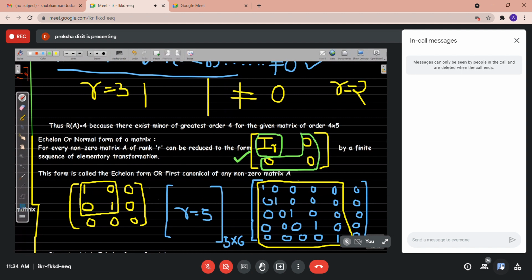So this is the format of echelon form of any matrix having rank R. If A is any matrix with rank R, and it is reduced to this form by a finite sequence of elementary transformations, then this form of a matrix is known as echelon form of a matrix, or we call this format the first canonical form of a matrix as well.